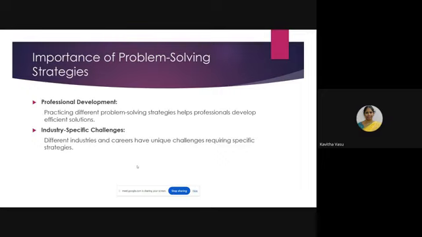Professional development: consistently practicing problem-solving strategy helps professionals become more efficient in finding solutions. Industry-specific means different industries face unique problems requiring tailored strategies. Understanding and mastering relevant strategies can be crucial for success in specific fields.